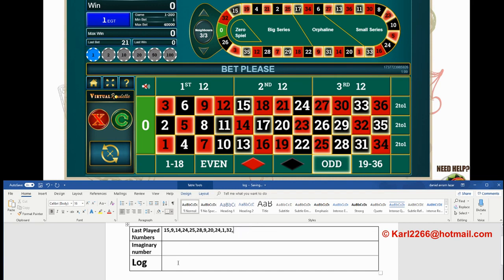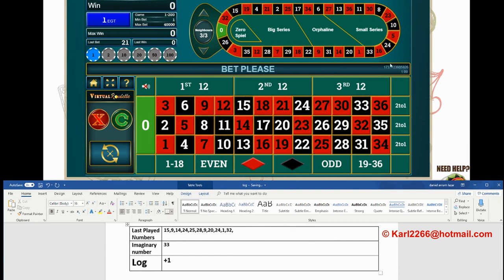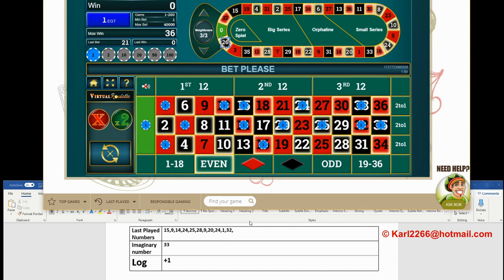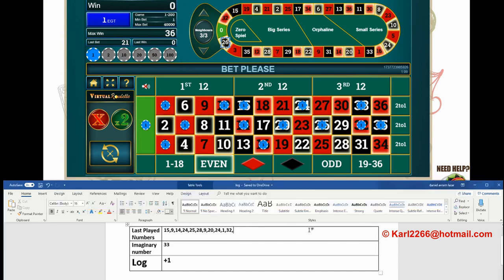We got a new logarithm, which is plus 1, and a new imaginary number, which is 33. Sorry. With 33 as imaginary number, we place bets on 33 and the neighbors, and 26 and the neighbors. And after 32 we got a new winning number, which is number 26.